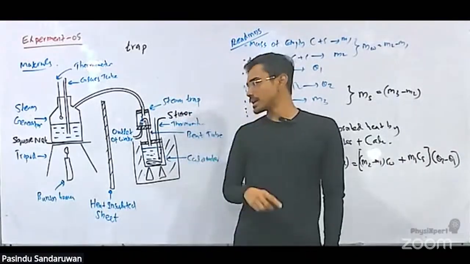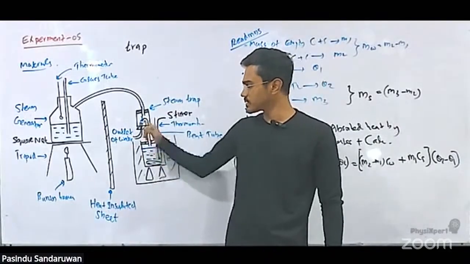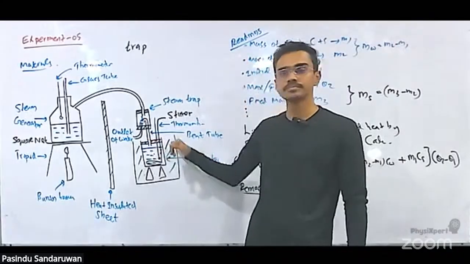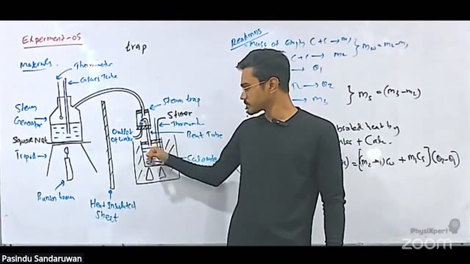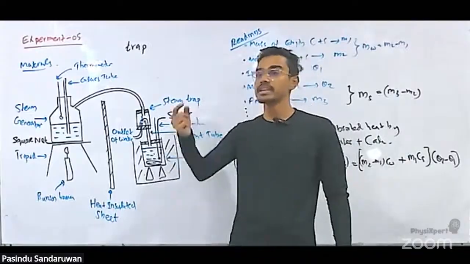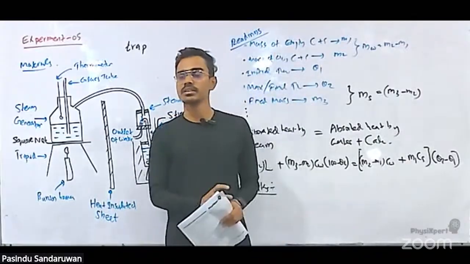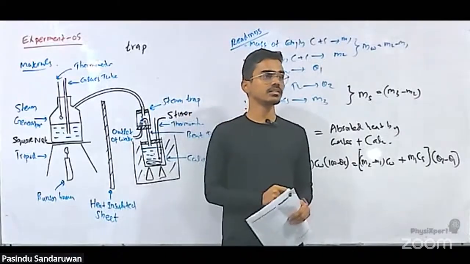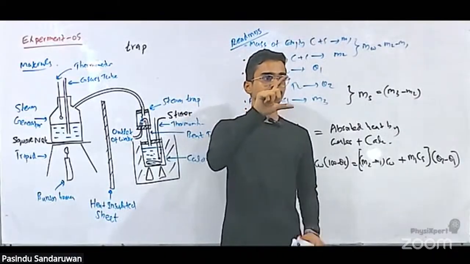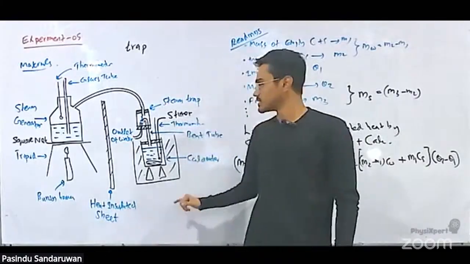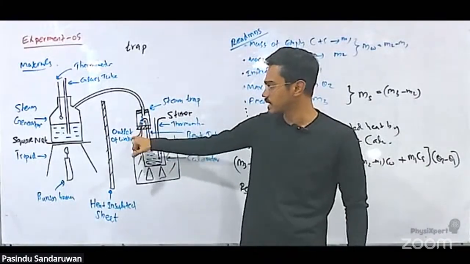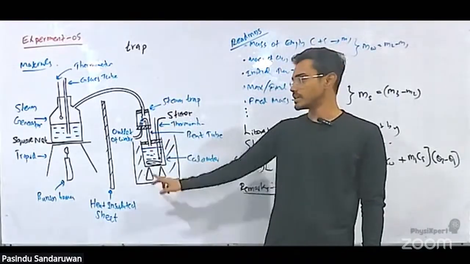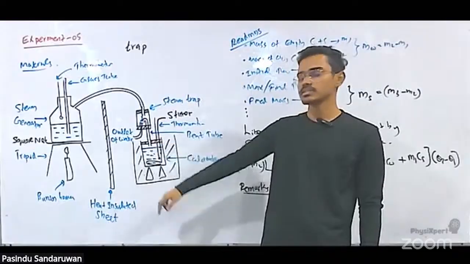For that, in the setup, this bent steam tube should not be immersed in water, because if it is immersed in water, the pressure is going to change. The water pressure then differs from atmospheric pressure, so it cannot be immersed.